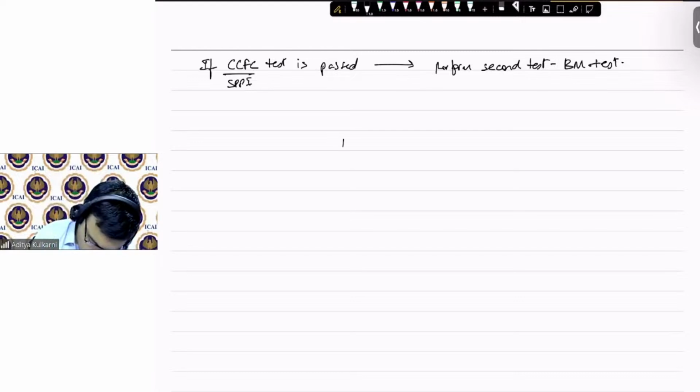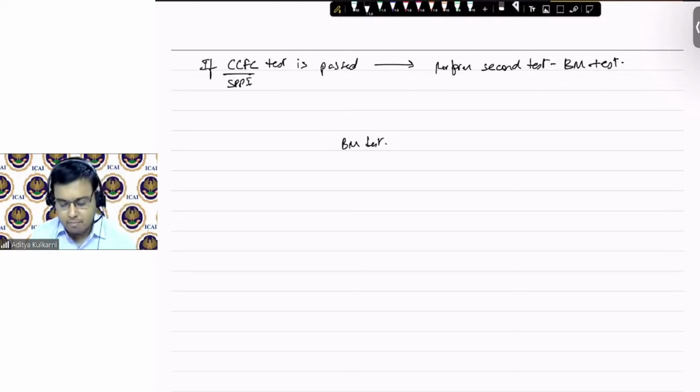Now, what do you mean by business model test? The business model test is a test of how you are managing your portfolio of assets. It is a thought process of how the financial assets of the entity are being managed. So what is the business model test?